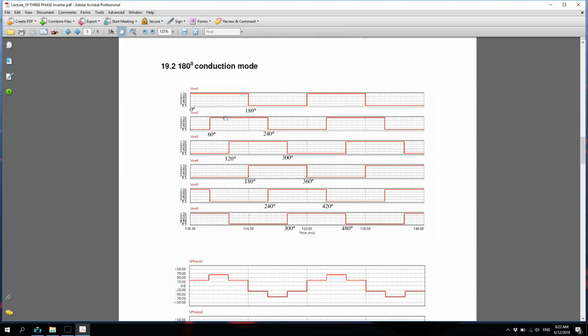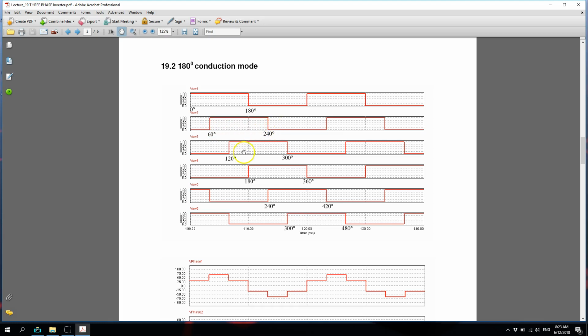But for the 180 degree conduction mode, each signal will be conducting for 180 degrees. So we will turn on from 0 to 180 degrees, and for switch 2, again there's a 60 degree delay, but we still maintain the duration of the pulse, which is a 180 degree conduction pulse.